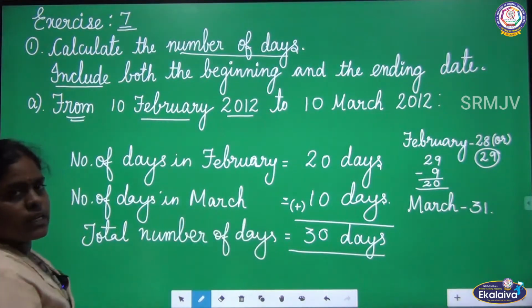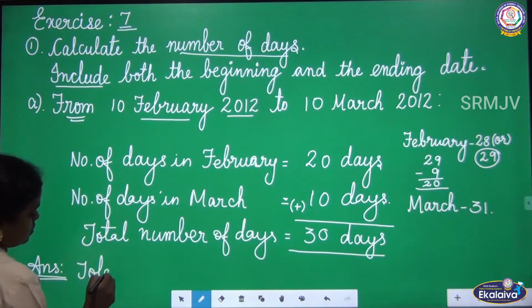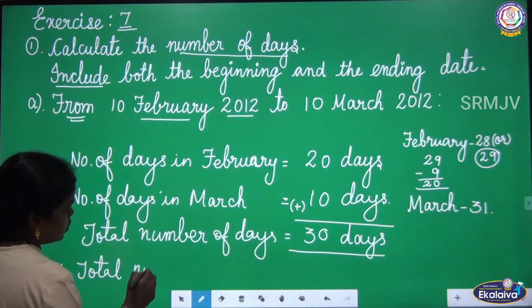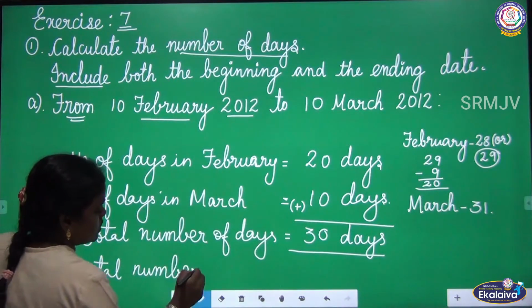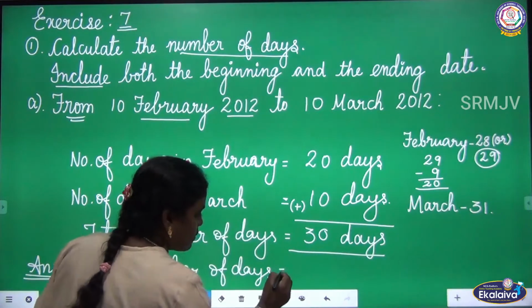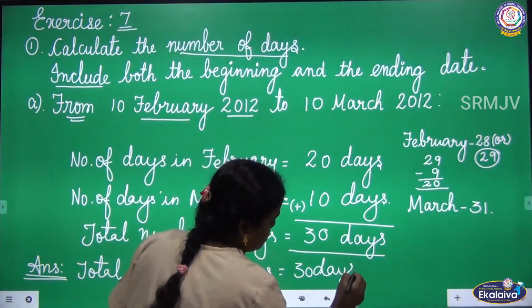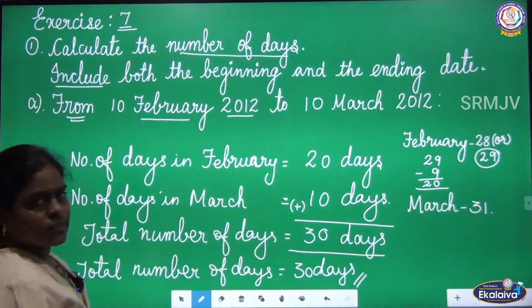There are 30 days in between. Let us write the answer. Total number of days between equals 30 days. The answer is 30 days.